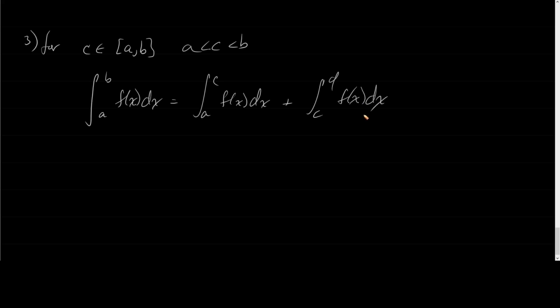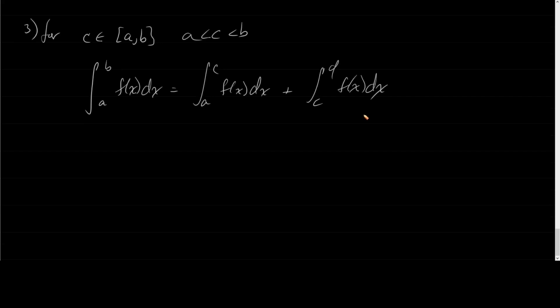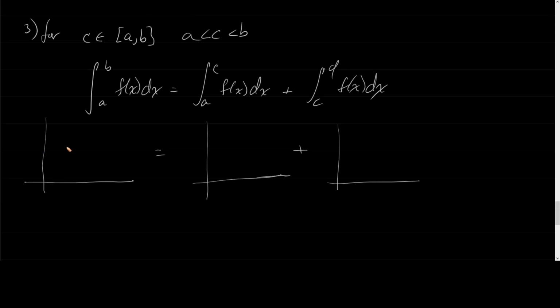All right, and this should make sense, right? Because what are we saying here? So let's say, for example, we have the following. So I'm going to say that this region is going to be equal to the sum of these two regions, right?